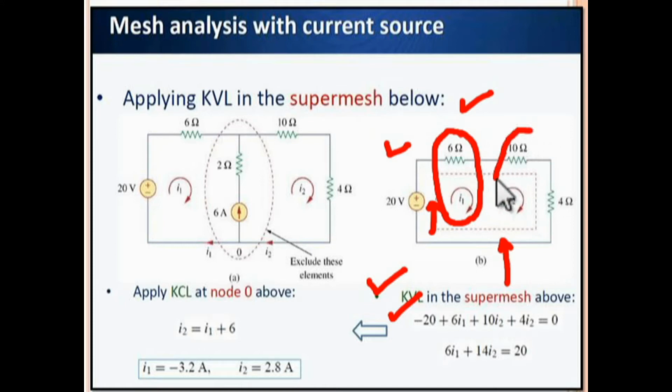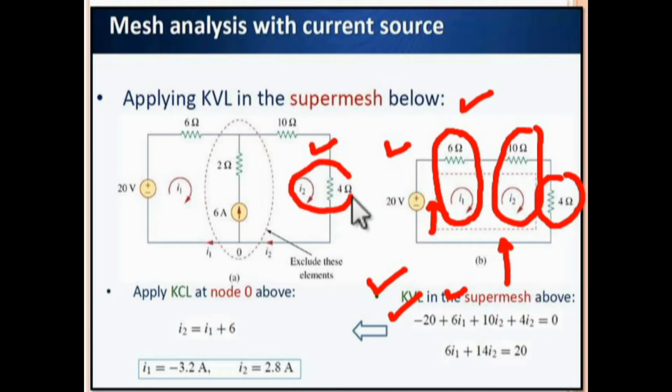This branch belongs to the second mesh, so you have to write it in association with I2. This is associated with I2 and this is associated with I1. So 6I1 plus 10I2 plus 4I2, and 4 is also in the second mesh, so it is also associated with I2 current, equal to 0.